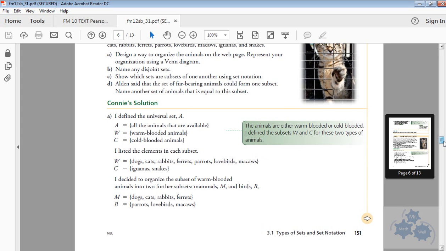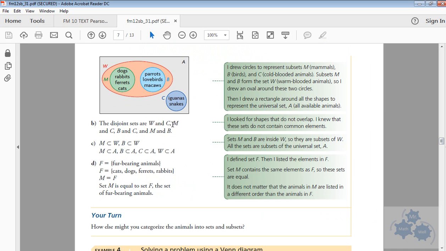Inside the set of warm-blooded animals, it's split into two. The bottom line is I want to get to this Venn diagram. This is what's important. I want you to be able to see this and understand what they're doing. A is the universal set, all of the animals. W is warm-blooded animals, and inside this W oval are all of the animals that are warm-blooded.